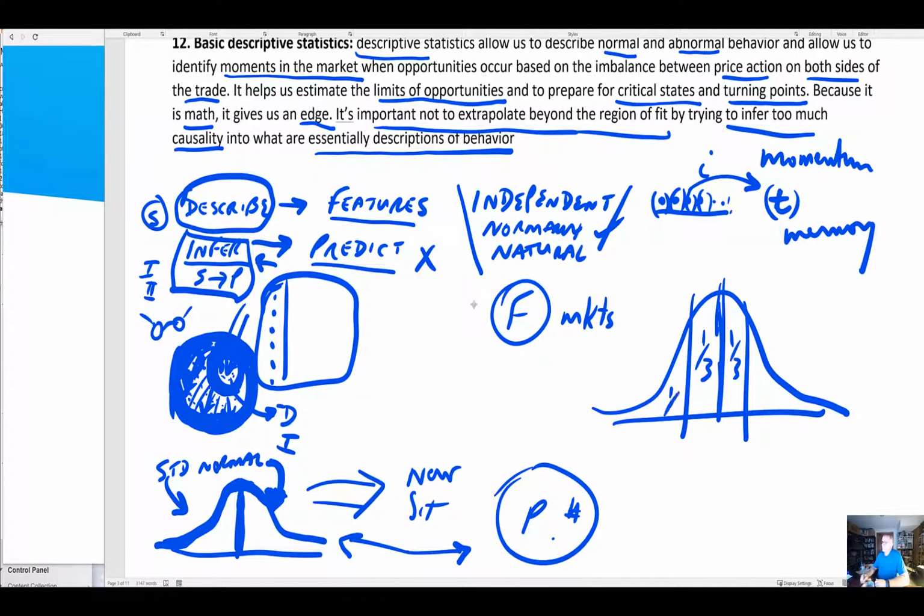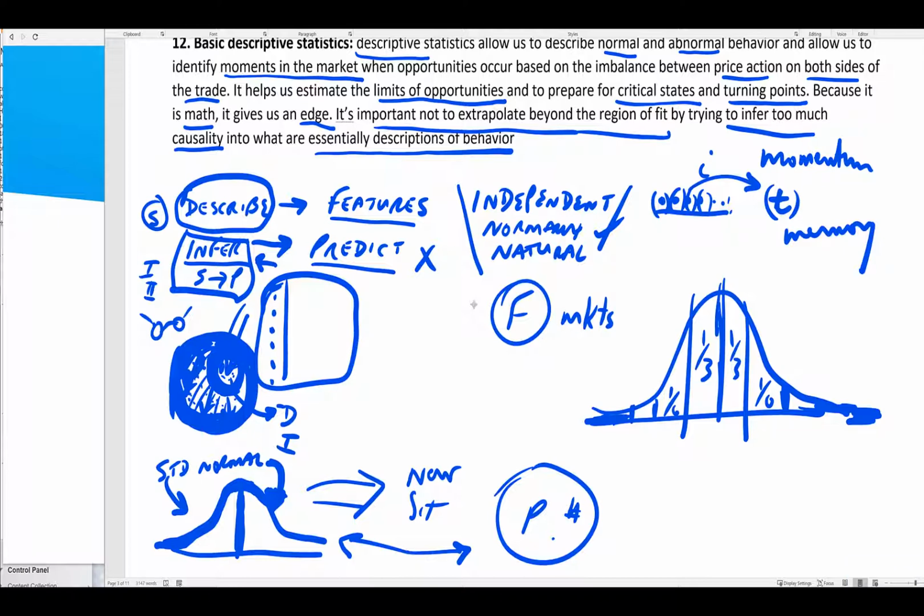You have about 1/6 and 1/6 out to 2 standard deviations, and then out around 3 standard deviations, that tail is getting very small and almost insignificant. But in fact, financial markets in many ways are abnormally distributed, because there seem to be non-natural processes, and the human intervention with memory and momentum are affecting things.